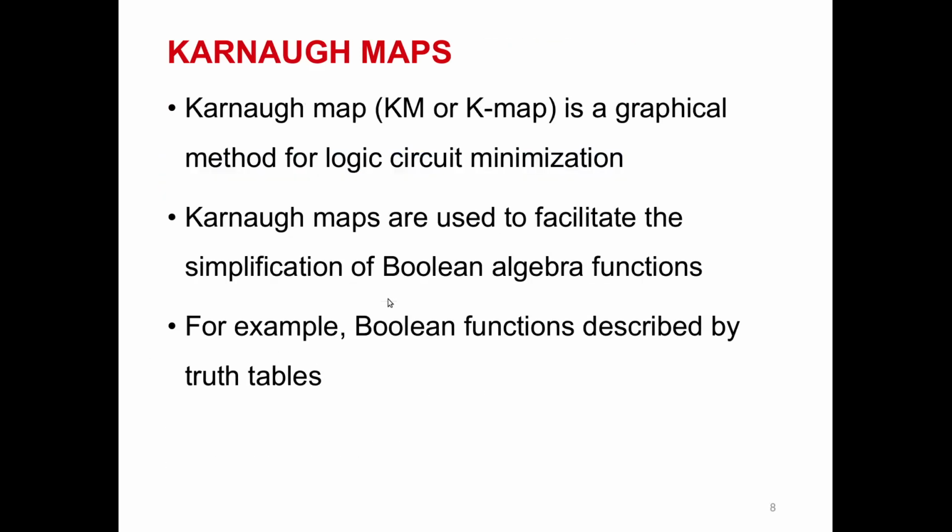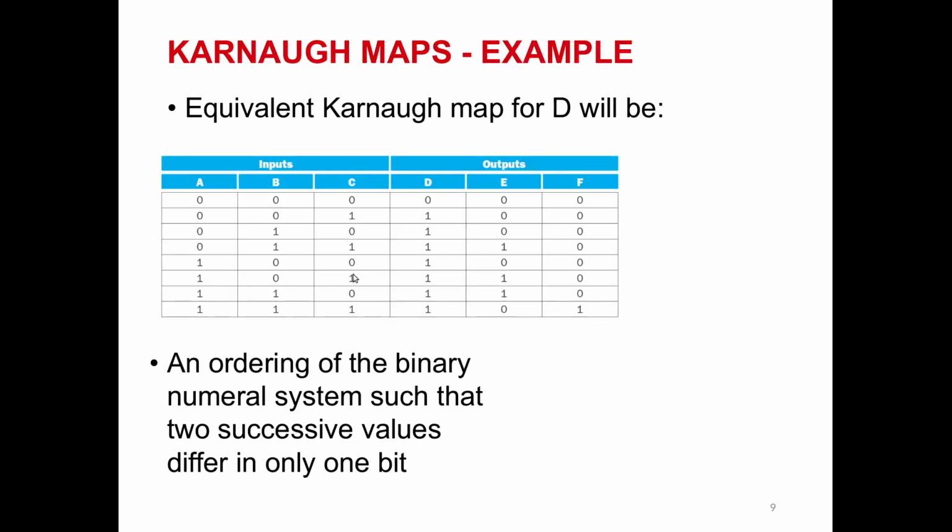Here I will not say too much about Karnaugh maps, but I will go into an example. For example, here you have a truth table with inputs A, B, C, and with 3 outputs D, E, F. Each of D, E, and F is a different function.